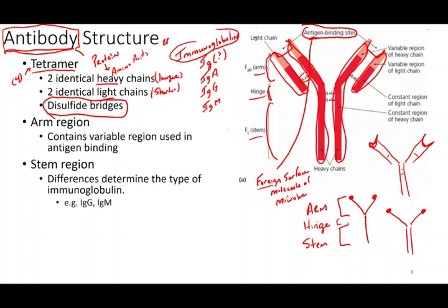So anyways, the ability to have these antigen binding sites on the end of each arm is really important. The stem we'll see in a little bit, but we're not going to focus on this too much. But if you remember, there are different types of immunoglobulins. So there's an example, IgG, IgM. And so not every immunoglobulin is just one single Y shape, but you can have something that looks like this.